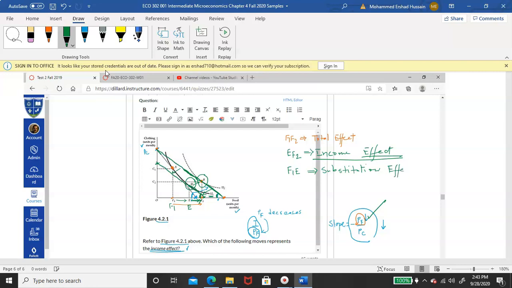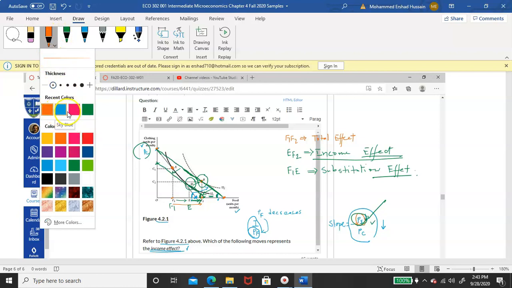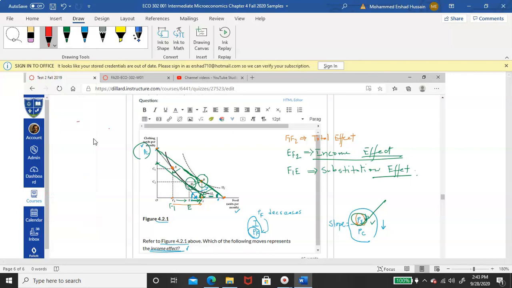When the price of food decreases and the price of clothing does not change, food becomes cheaper than clothing, so people consume more. As a result, they are going to consume more food, from E to F2.